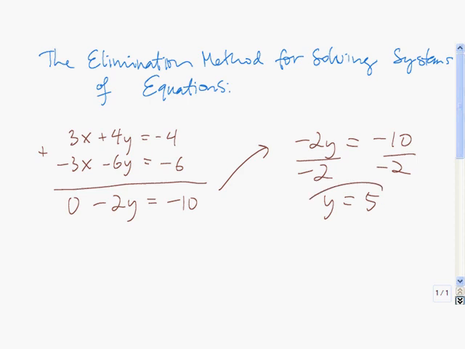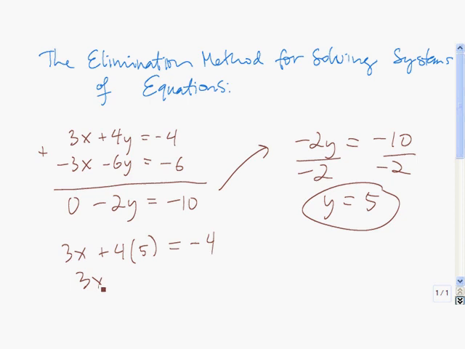If we divide both sides by negative 2, we get y is equal to 5. Then to find x, when we're solving a system, we have to find the value of y and of x. To find out what x equals, we can take this value of y equals 5 and plug it into either of the equations. Let's plug it into the first one. So we have 3x plus 4y, so 4 times 5, equals negative 4.